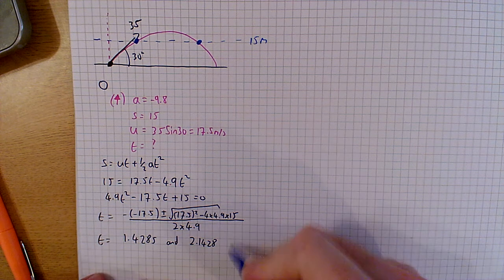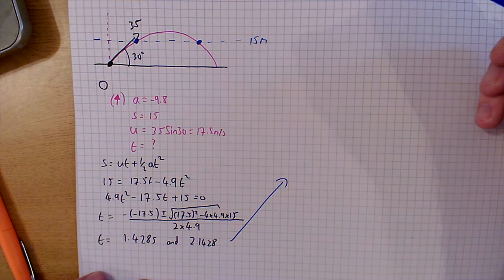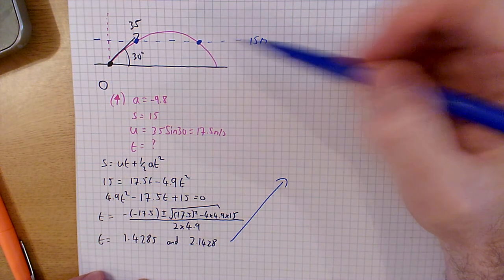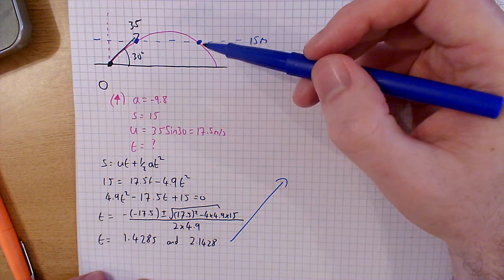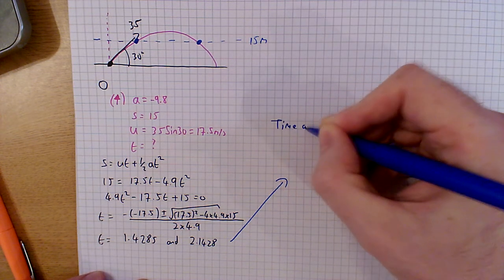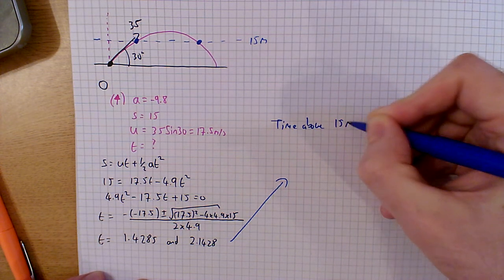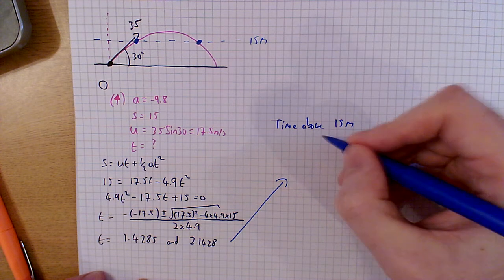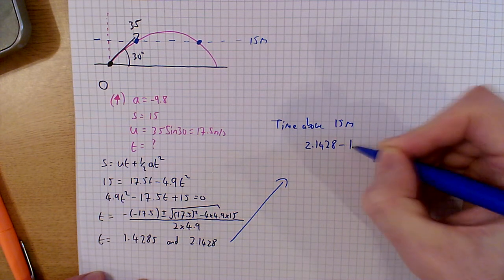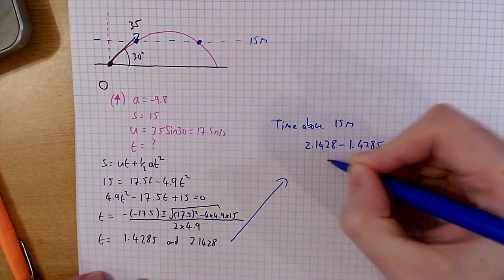So the final thing for us to do is just to work out the amount of time it's above it. So this is 1.42, it begins to be above 15 meters, 2.1428, it stops being above 15 meters. So time above 15 meters will be given by 2.1428 minus 1.4285.